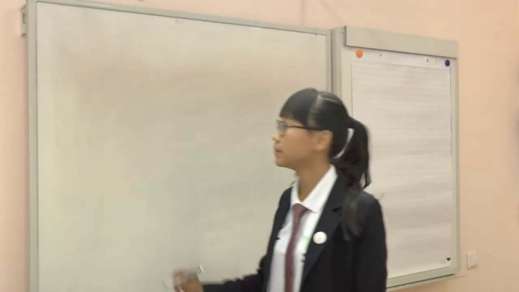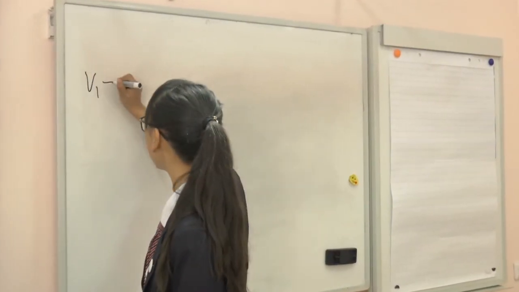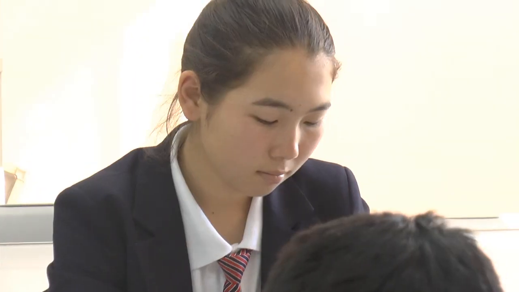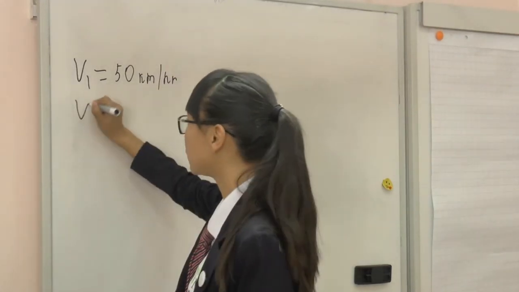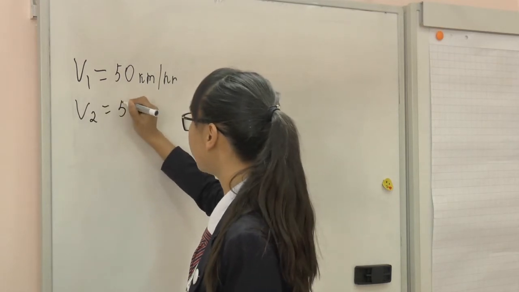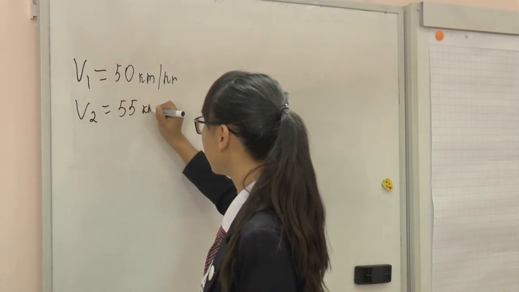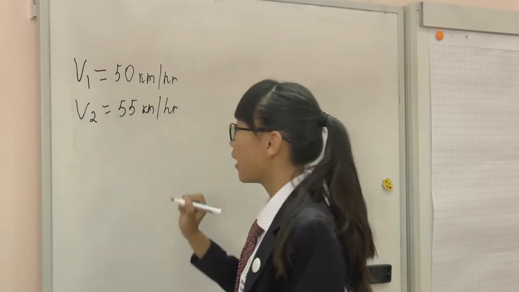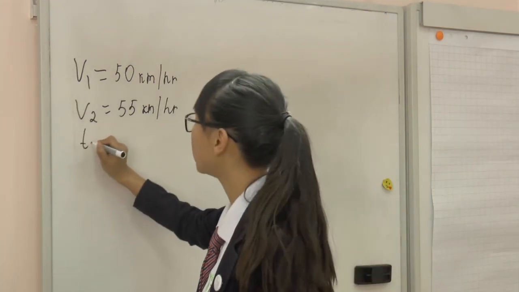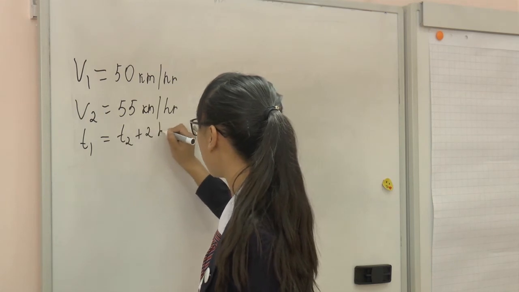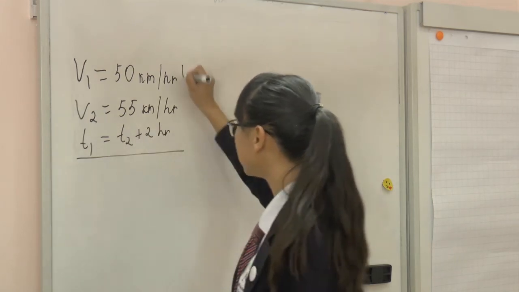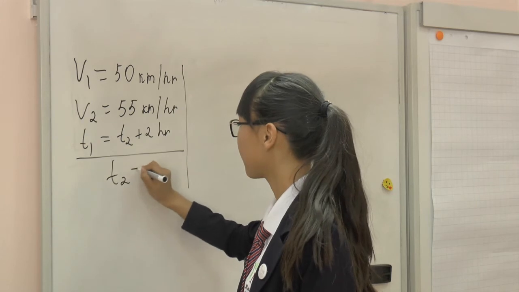In my problem, V1 equals 50 kilometers per hour, V2 equals 55 kilometers per hour. As we see, T1 equals T2 plus 2 hours, and we should find T2.